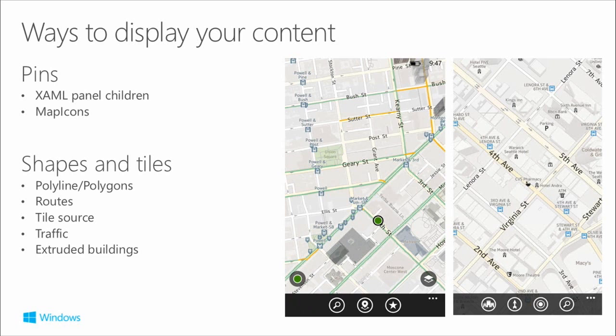It's basically just those images and texts. In addition to pins, we've got these shapes and tiles, and the shapes are vector objects that are rendered onto the map. We can render these polylines and polygons. We can render full routes, or the tile source that I mentioned earlier, traffic on top of the maps, as well as extruded buildings that you see in the right-hand visual there.